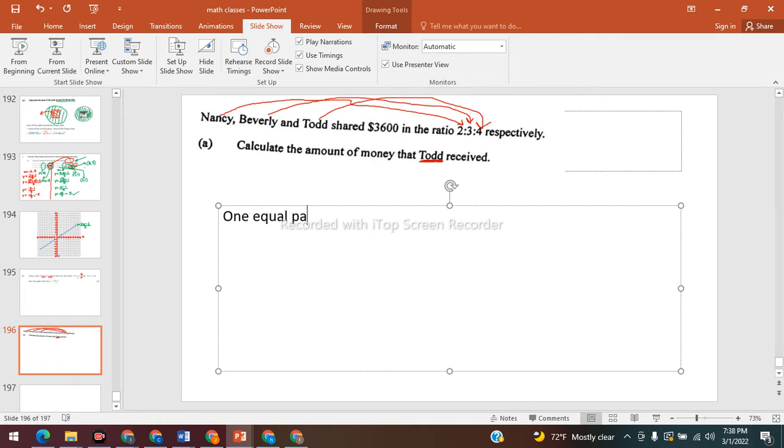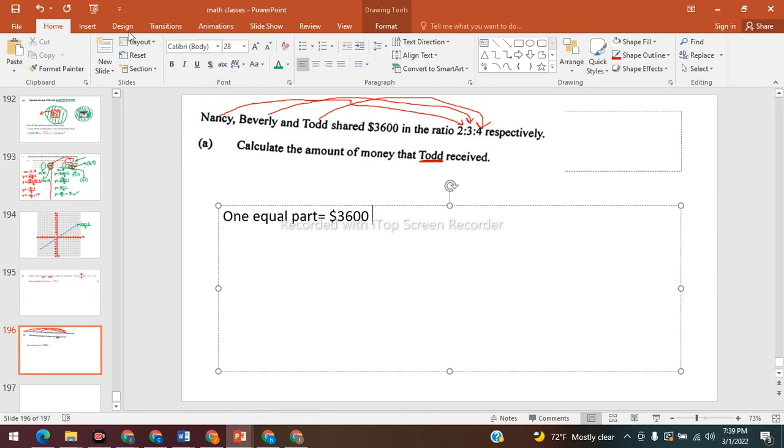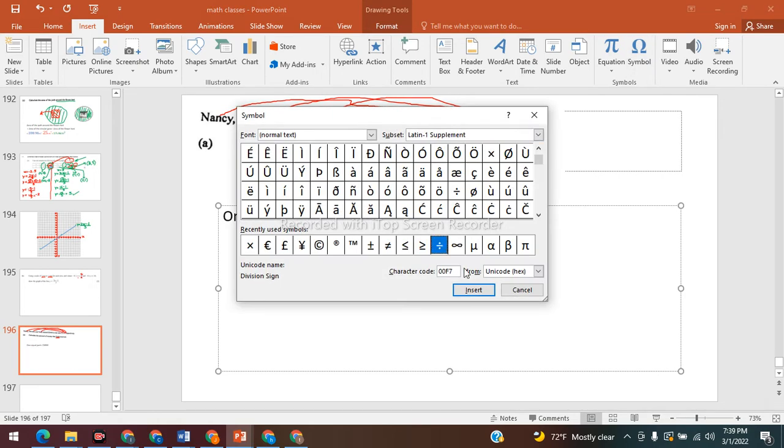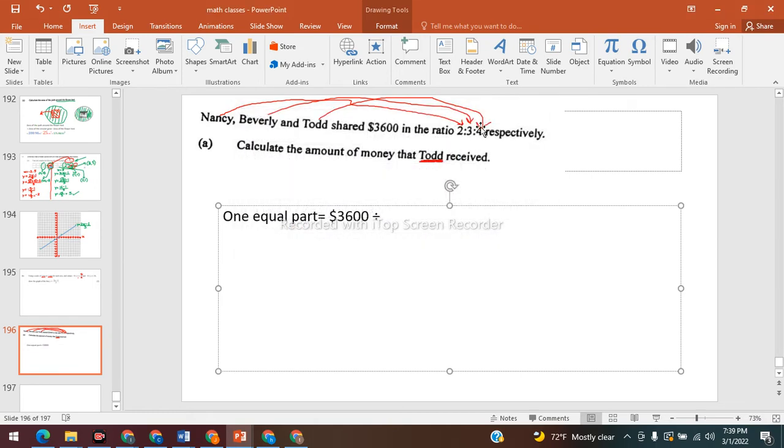So one equal part is going to be equal to the total, $3,600, divided by the sum of these ratios, 2 plus 3 plus 4.